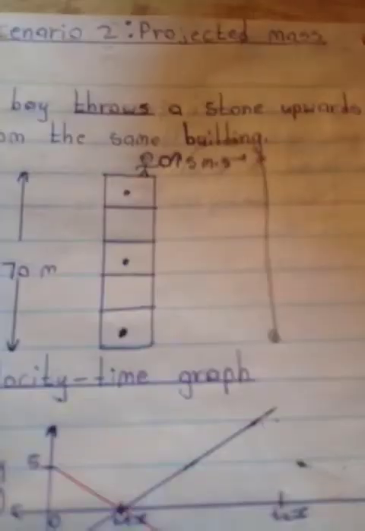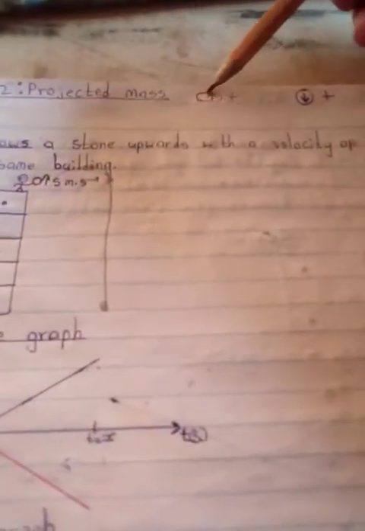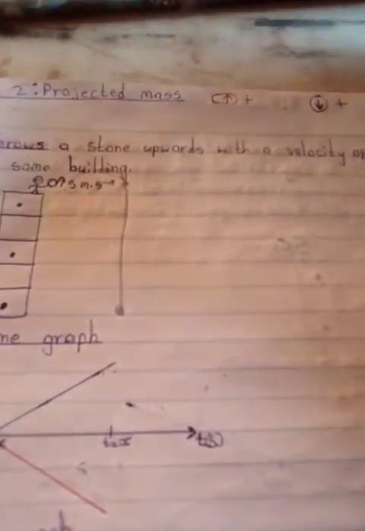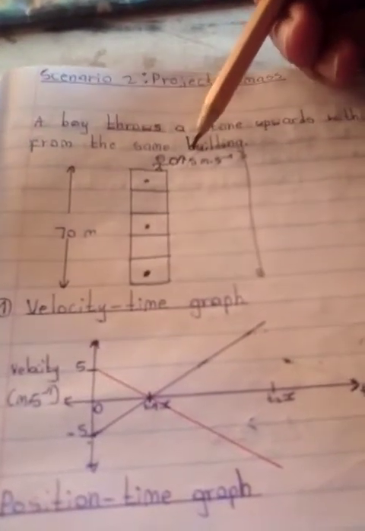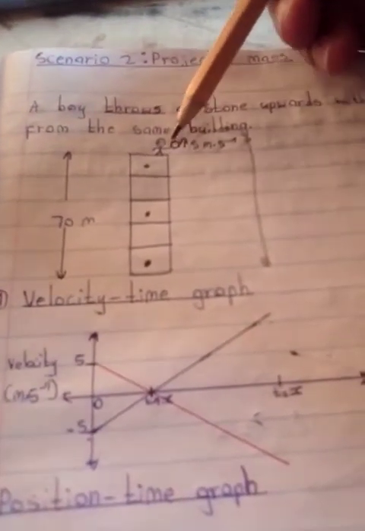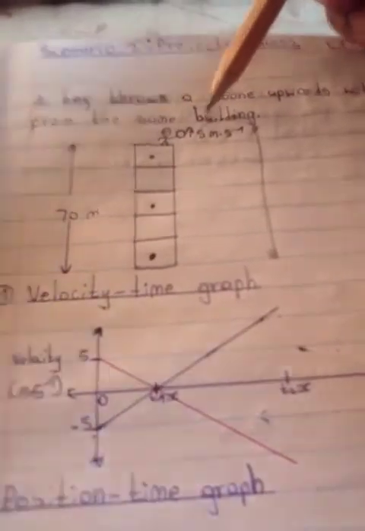Let's look at the velocity time graph, where you choose upwards as positive, represented by the red ink here. You choose upwards as positive, and your stone is going upwards. That means it is experiencing what? A positive velocity.